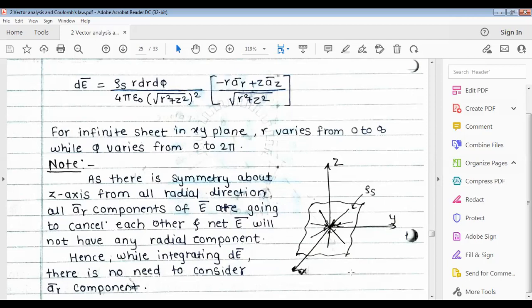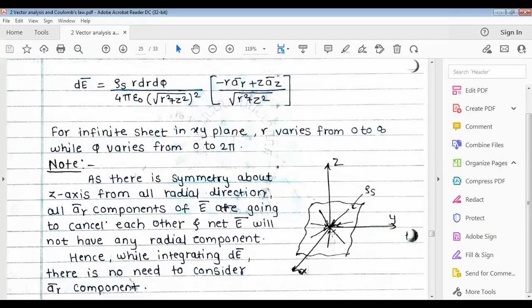So we are not considering this E bar due to this a bar r. That means the r component gets cancelled here, because r is the radius of this cylinder we are considering.